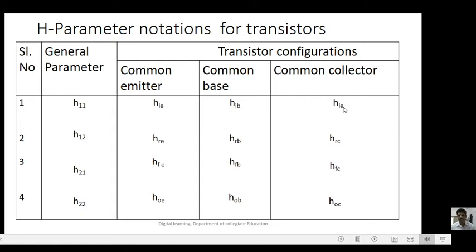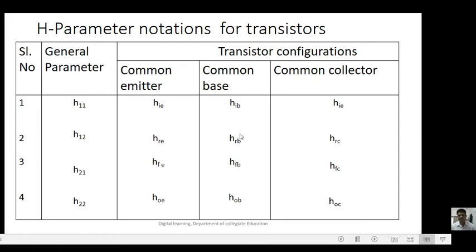In serial number 2, H12 is equal to HRE. E is the emitter. Here emitter is common in all the terminals, and only the first letters are variable. So we can observe HRE, HRB, HRC, where B is the base, common base.